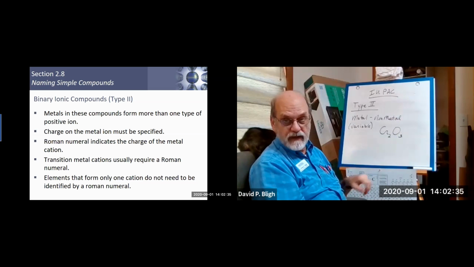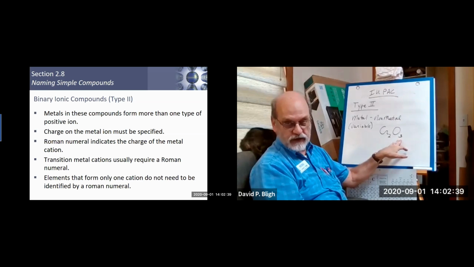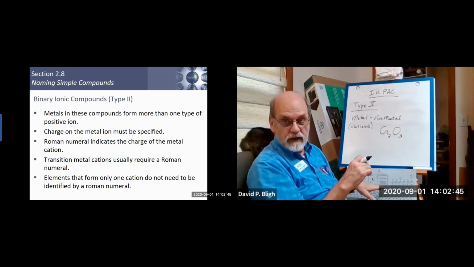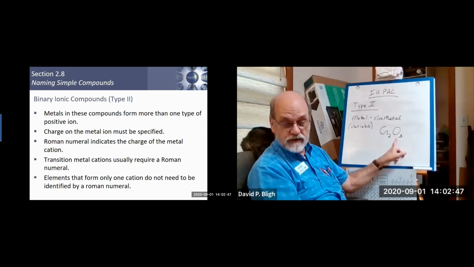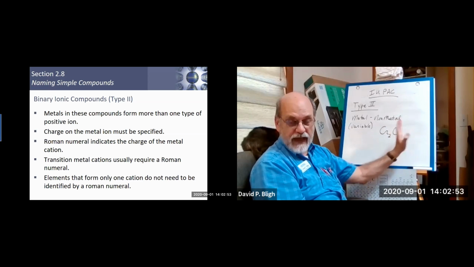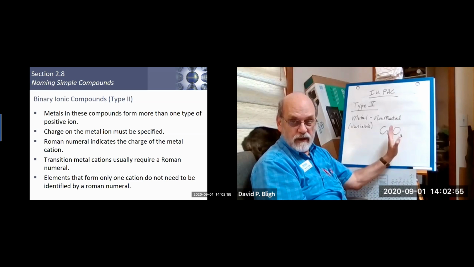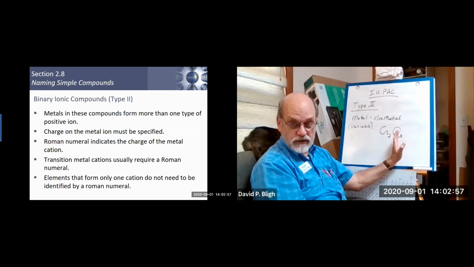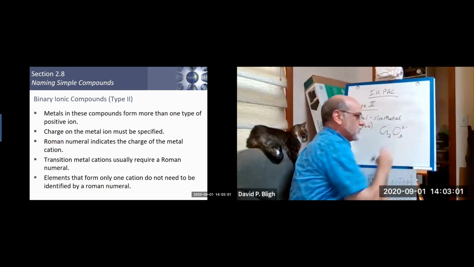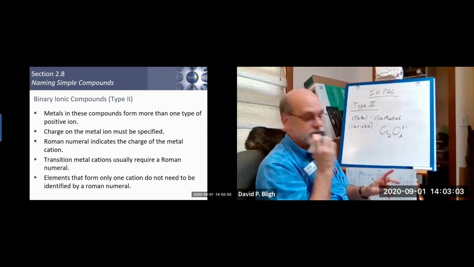Okay? We have 2 chromium atoms and 3 oxygens. So if you look on your periodic table, you'll notice that the chalcogens are just next door to the halogens. The halogens are -1, oxygens, chalcogens, are -2. So that means this is 2 minus charge.